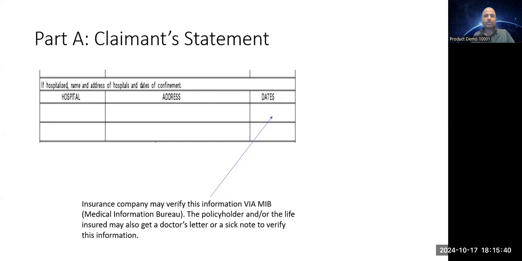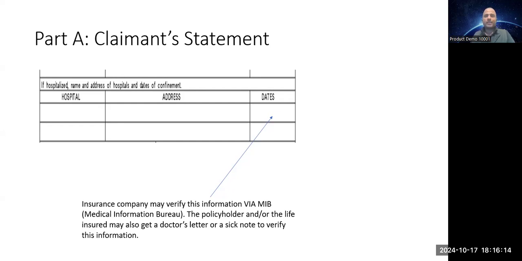As far as the dates are concerned, the insurance company may verify this information via MIB, your Medical Information Bureau. So anytime you go to a hospital, if it gets recorded on the system and shows up on your medical record, it will be passed around via your MIB. This would be a network of hospitals nationwide, and usually they use your medical information for many applications.